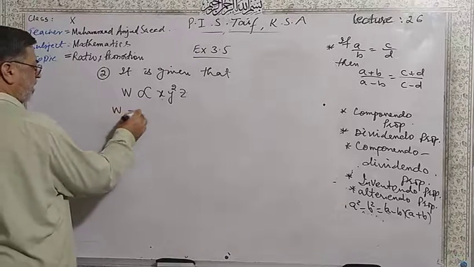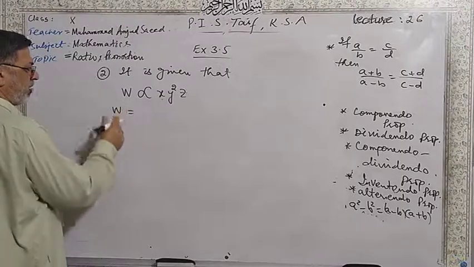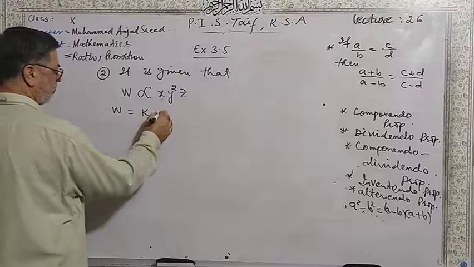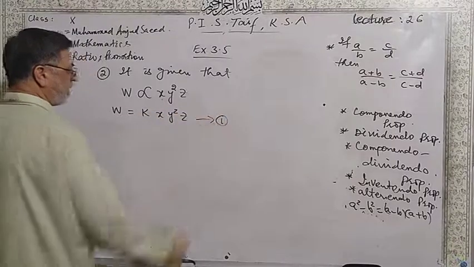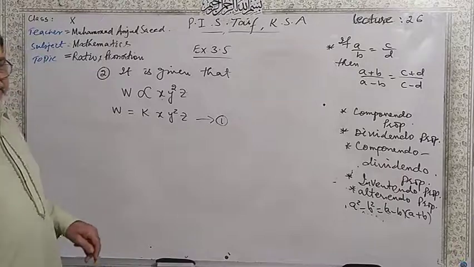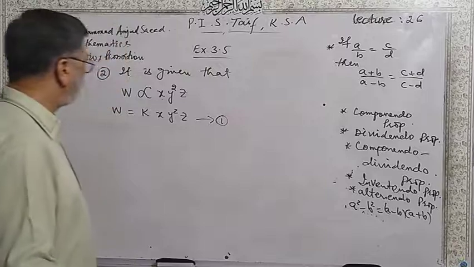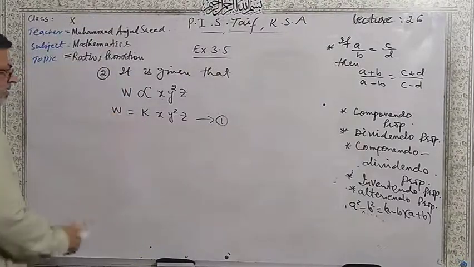You know that this equation of proportionality is converted into equality by introducing a constant here: W is equal to k x, y square and z. This is equation number 1. Actually, this is just like your exercise 3.2. There is a set of values to find the value of k first.